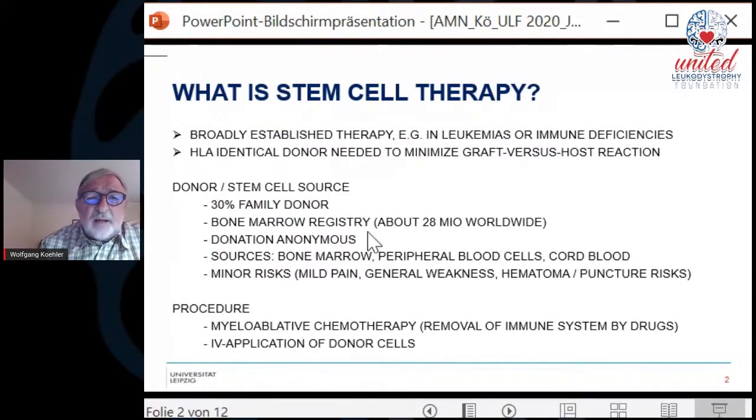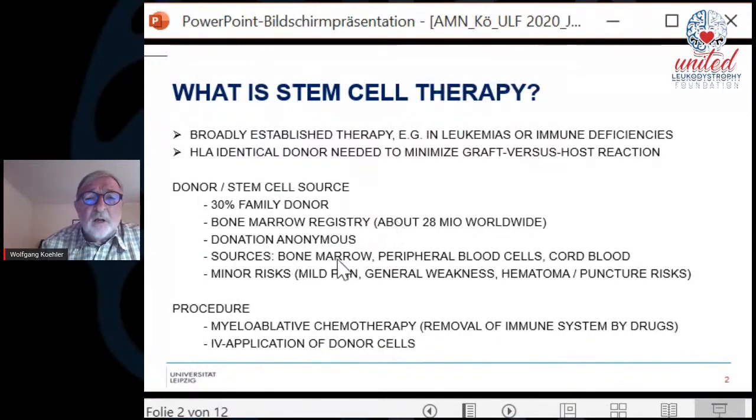What you need for that is a so-called HLA identical donor, which is usually looked for in the family. So we're looking for a family donor first. But if there's no donor in the family, you can also go to registries and look for a donor which is feasible for that transplantation.